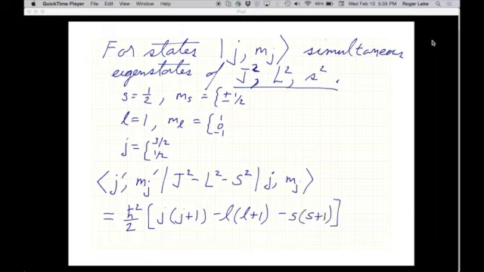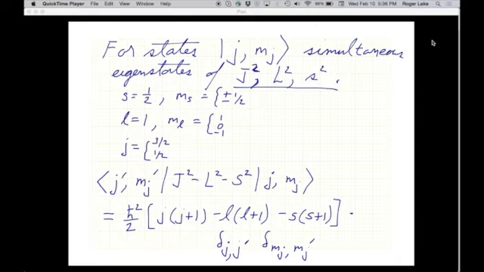And since these are simultaneous eigenstates of J, L, and S, they just give you Kronecker deltas, delta J prime, delta M_J prime. In other words, in this basis, all these operators are diagonal. And that's why we want to work in this basis.